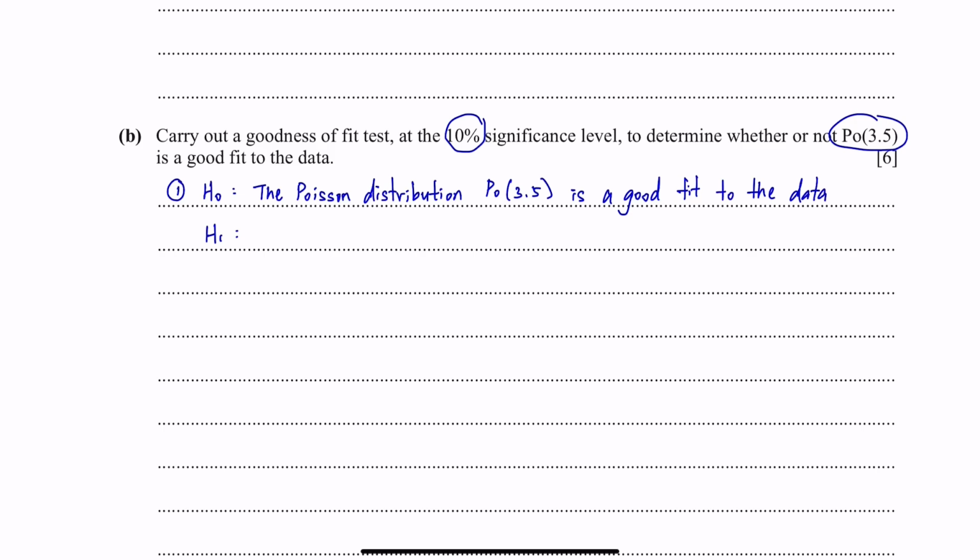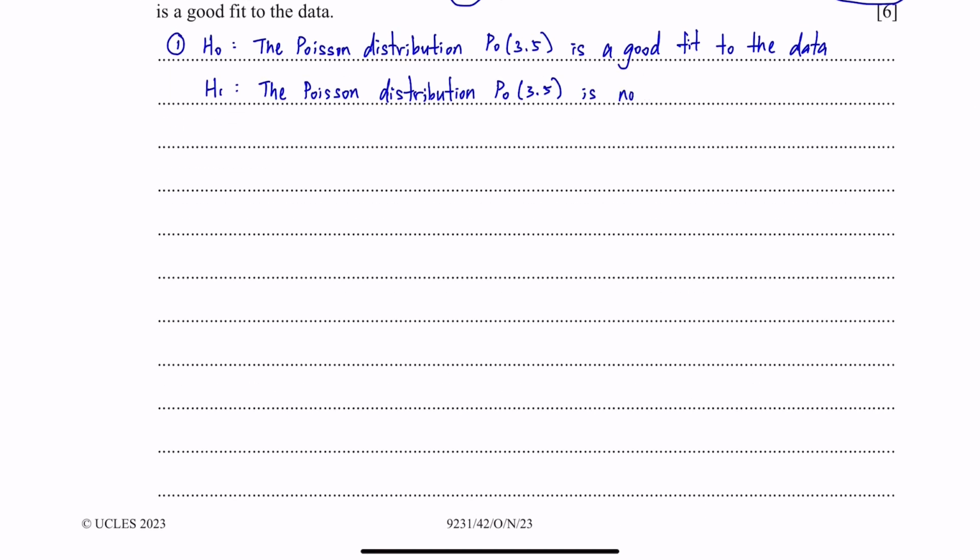The alternative hypothesis would definitely be the Poisson distribution is not a good fit to the data. Okay, now step 2.